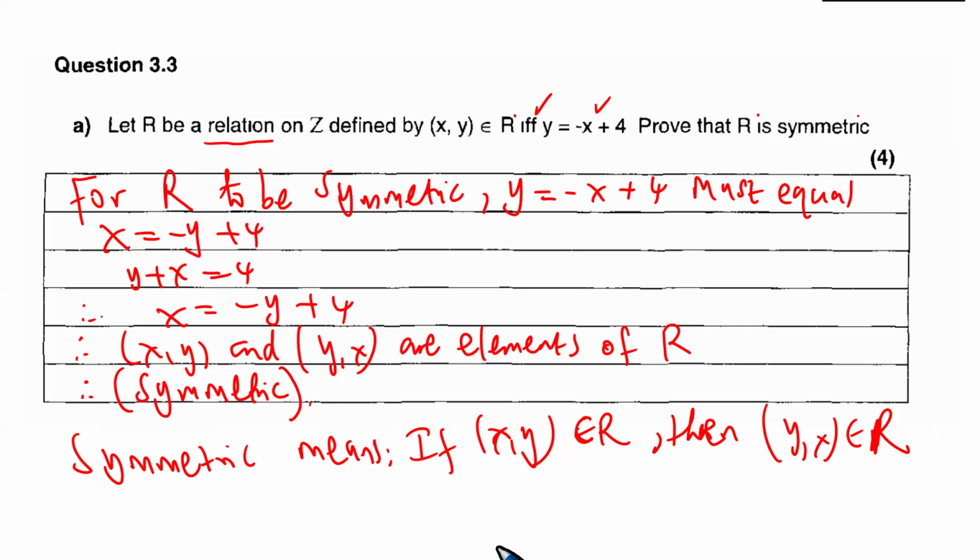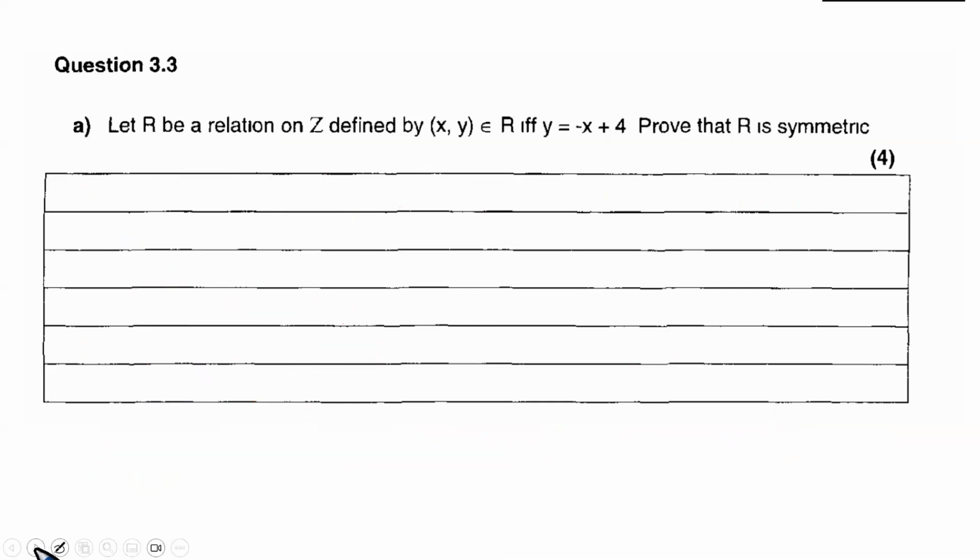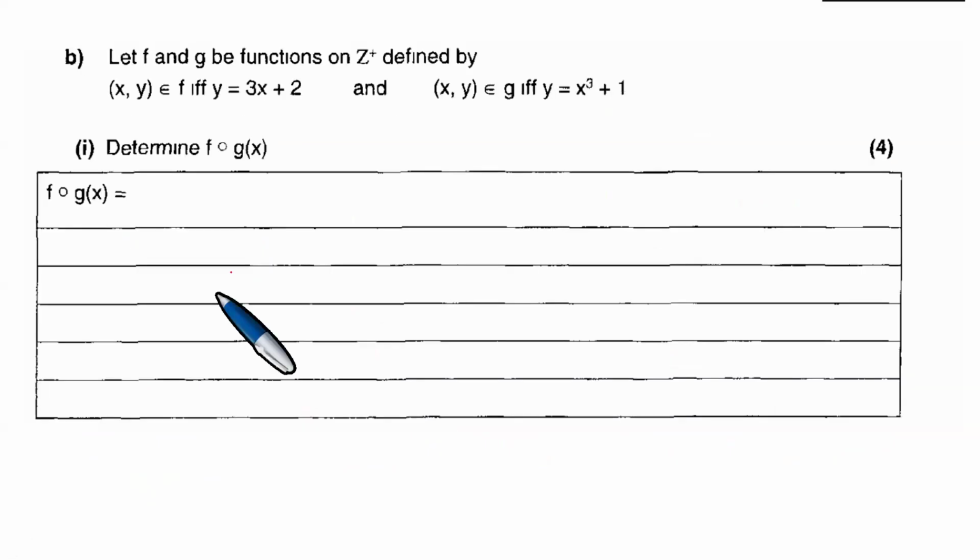We'll move on to the next question. Let f and g be functions on the positive integers, Z plus, defined by xy being an element of the relation f if and only if y is equal to 3x plus 2, and xy being an element of g if and only if you have the cube of x plus 1.